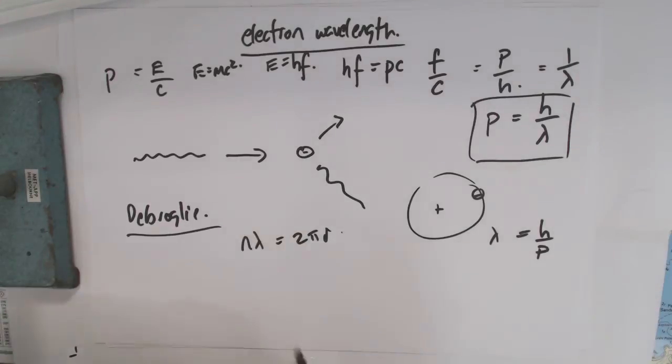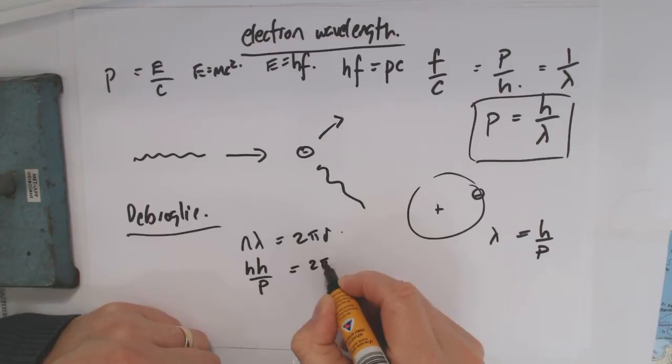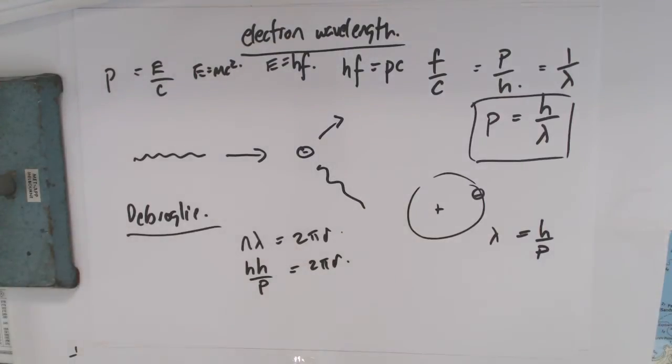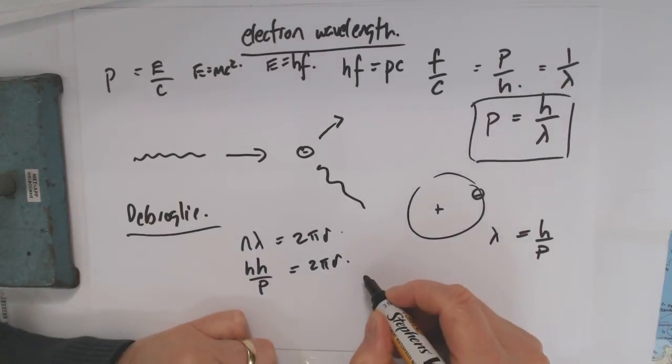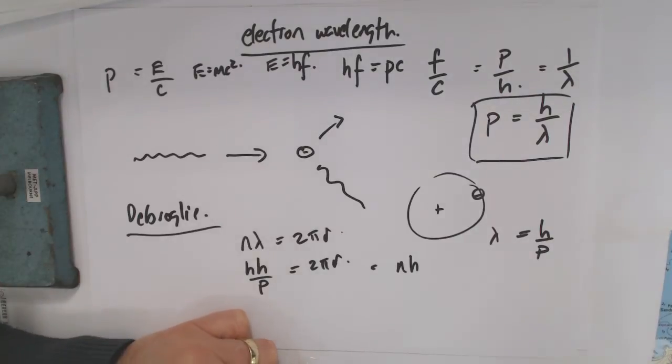So we can say n h over momentum equals 2 pi r, right? And where's that going to get us to? Well, we can actually then say that p is equal to mv. So we could say that's equal to nh over mv, right?